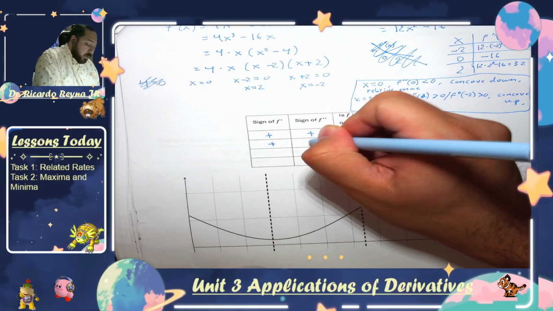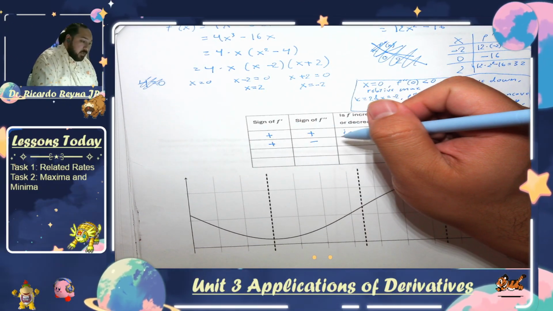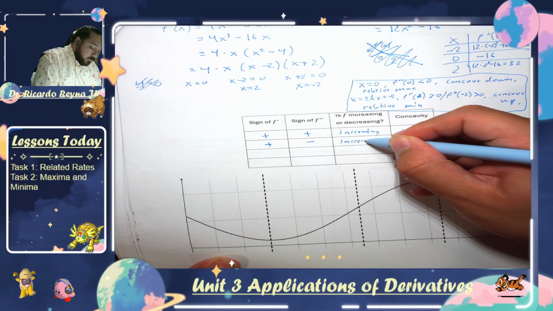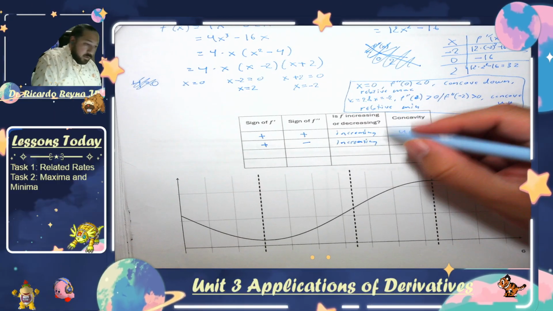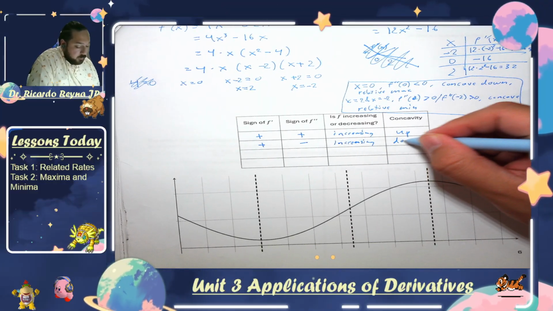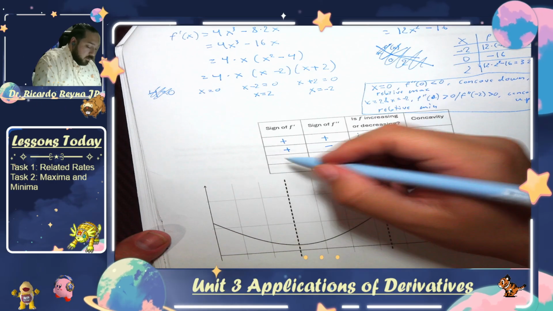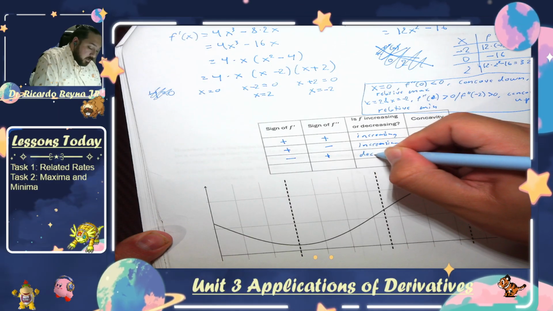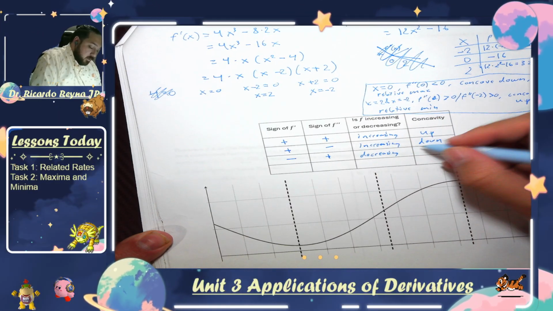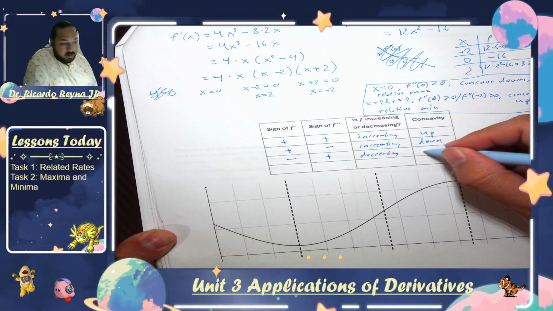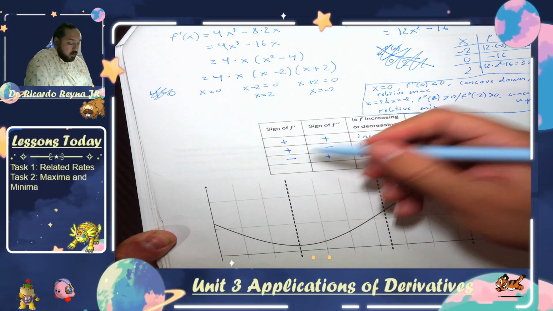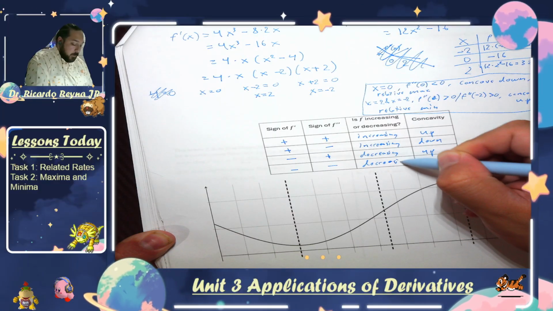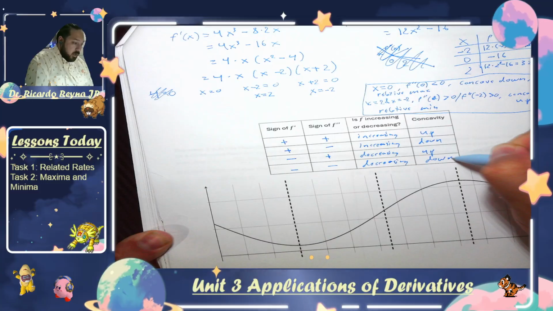If you have a combination where f prime is positive and f double prime is negative, the f function is increasing, then you'll have a downward concavity. If you do negative positive, that means the f function would be decreasing, and you would have again an upward concavity. And if you do negative negative, that's decreasing, and a downward concavity.